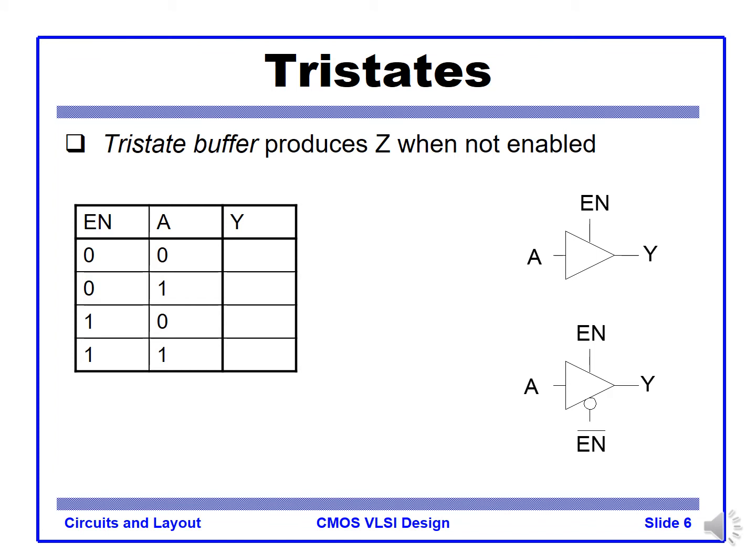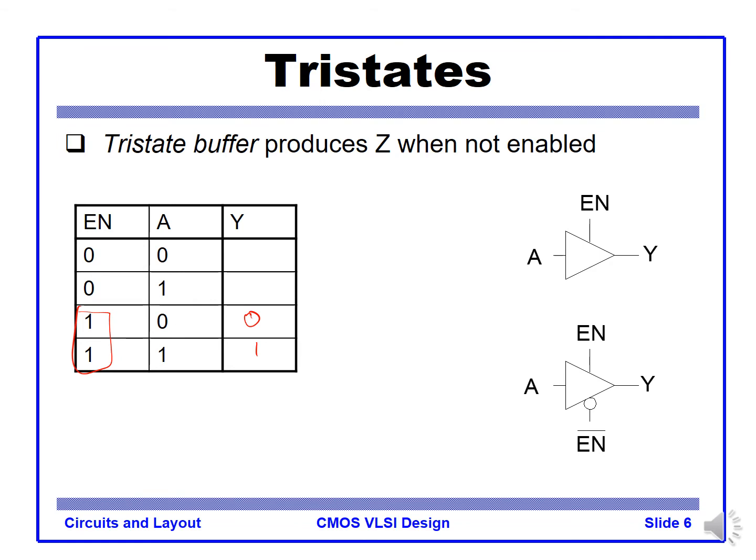Tri-state: sometimes we want to make the output high-Z, I mean not floating. So with this kind of control, if the enable signal is asserted, we want to pass the input to the output, both 0 and 1.